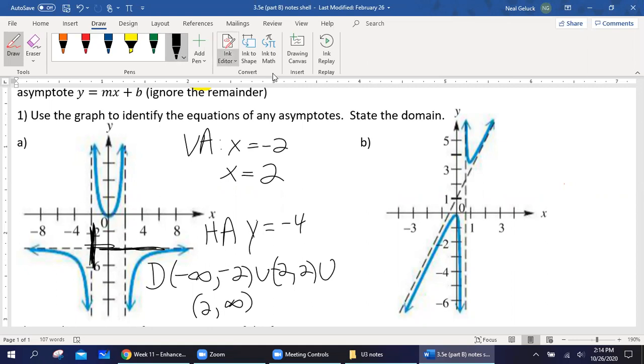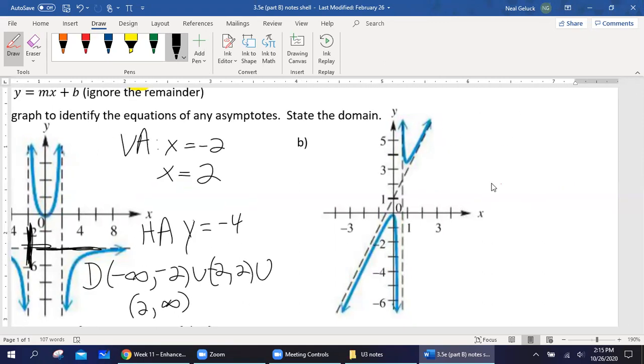Letter B, this is what a slant asymptote would look like, or an oblique asymptote on an angle. So this one has a vertical asymptote still, though. And let's just kind of eyeball this. Let's say that's maybe a half. Might be 2/3 or something like that, but it's something between 0 and 1. Now, this one also has an oblique asymptote, and again, that's new.